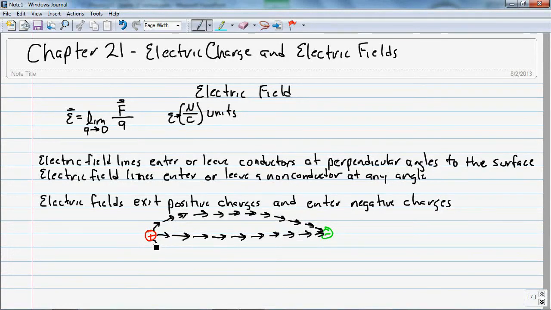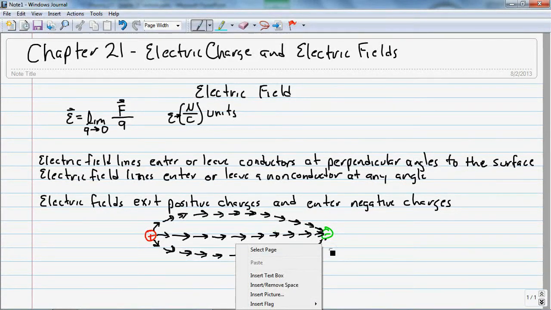And the same down here, like so. And that should be perpendicular. There we go. A little bit better.